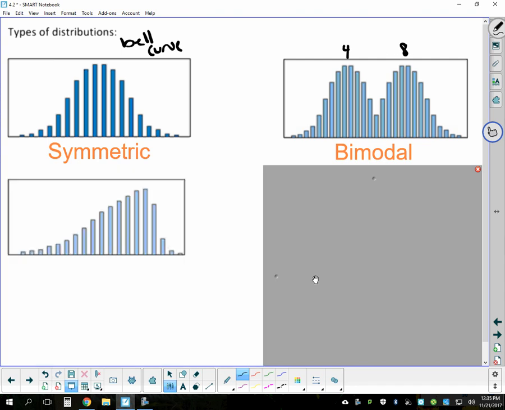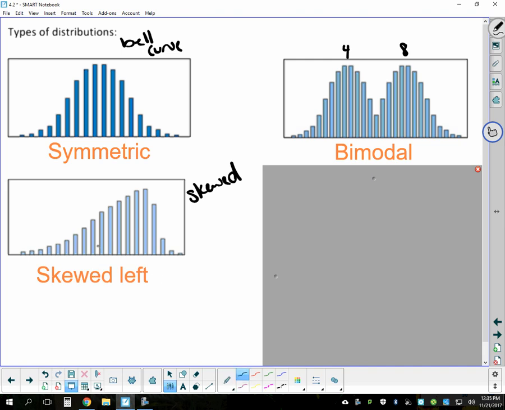All right, then we have ones that look like this, and we call this skewed data. Skewed meaning it's off to one side more than the other. What I think gets confusing is which way you call it skewed. This particular example, this one's skewed left.